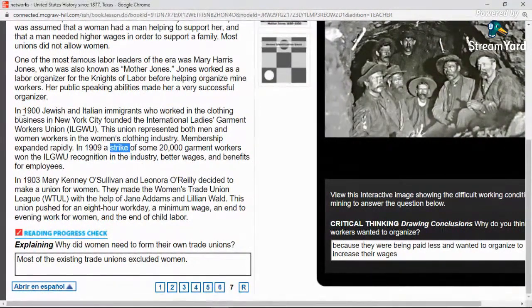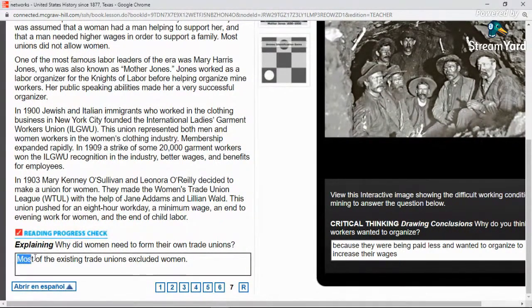And then later, the Jewish and Italian immigrants wanted to form their own union in the clothing business. It represented men and women in the clothing industry. So if you read on, you have the women's trade union. You see that unions started to grow, and not just for men, but for men and women, and later even for blacks and other groups of people.